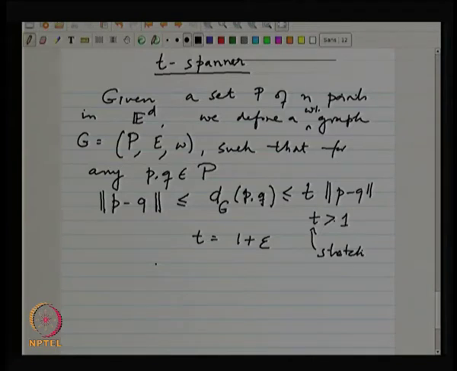I will actually parameterize this. I will supply the epsilon, and you will have to construct a graph that satisfies this, and also somehow not have too many edges. The whole point is not only that we should have this bound, but we should also not have too many edges in this graph, preferably a linear number of edges.